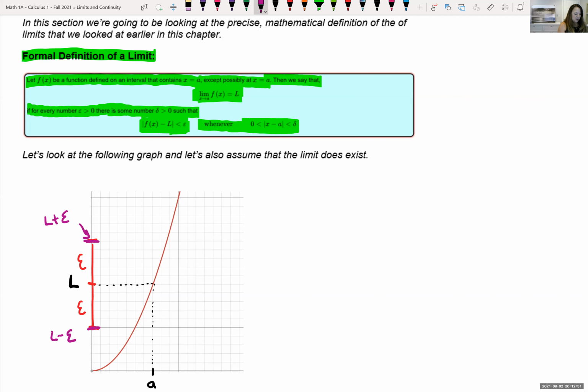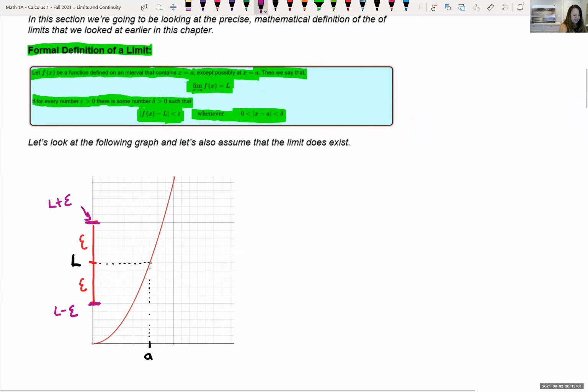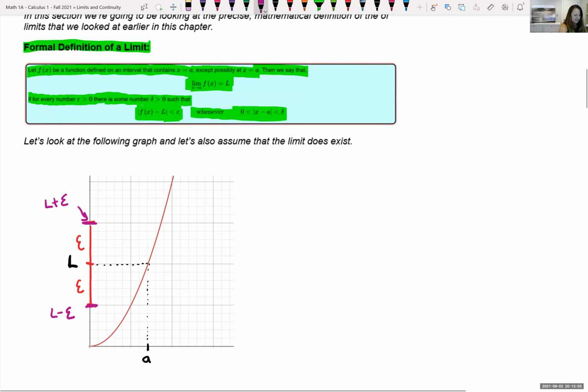Then we know there's some delta greater than 0 such that the absolute value of f of x minus L is less than epsilon whenever the absolute value of x minus a is less than delta.